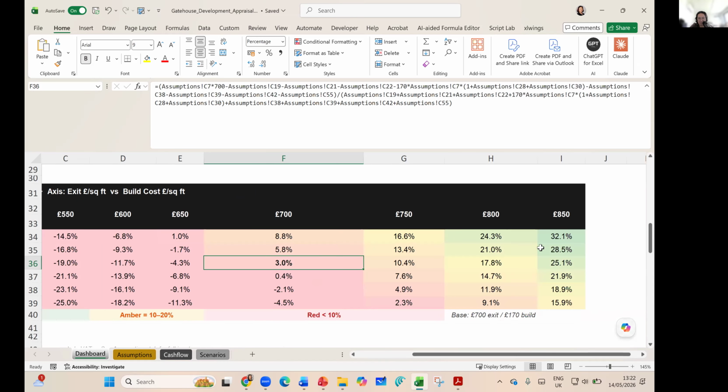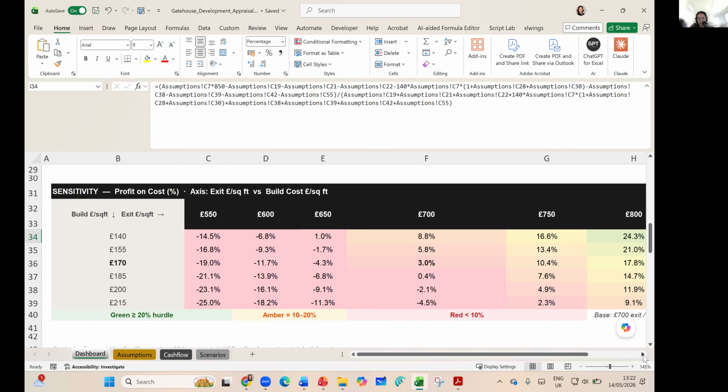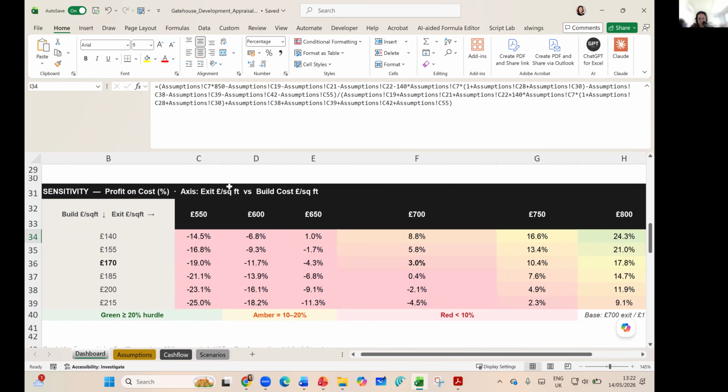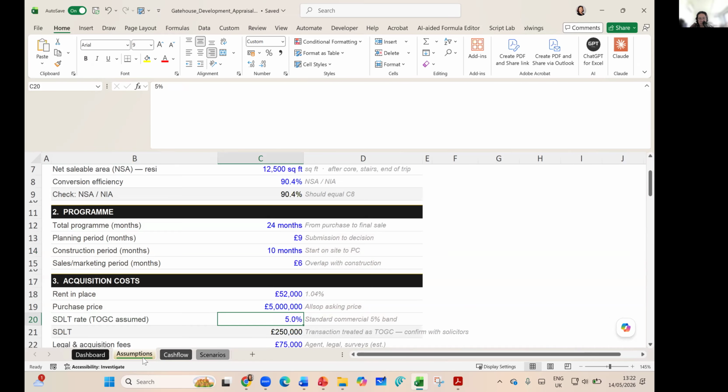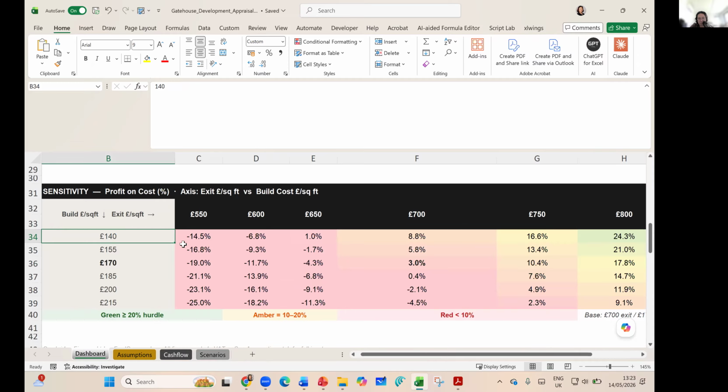Oh, dear. So you only start to get a little bit better when you have, for example, 850 as your assumption for the exit pound per square foot, and the build cost here at 140. But as you see, you have to reduce the build cost a lot. Our base case is 170.